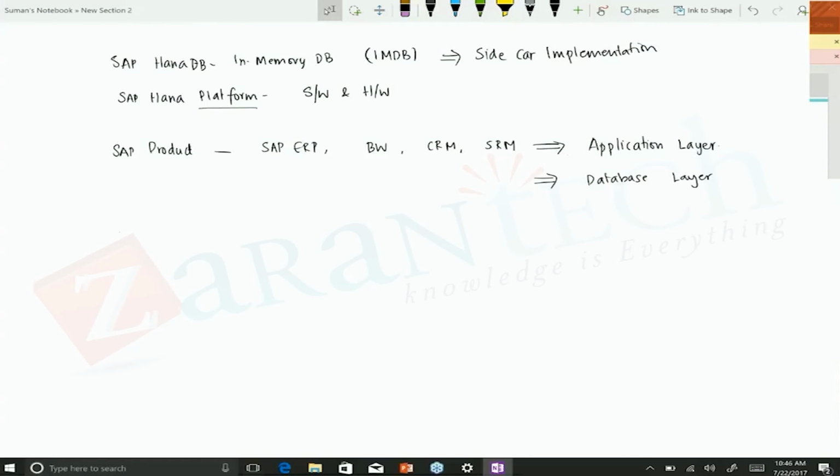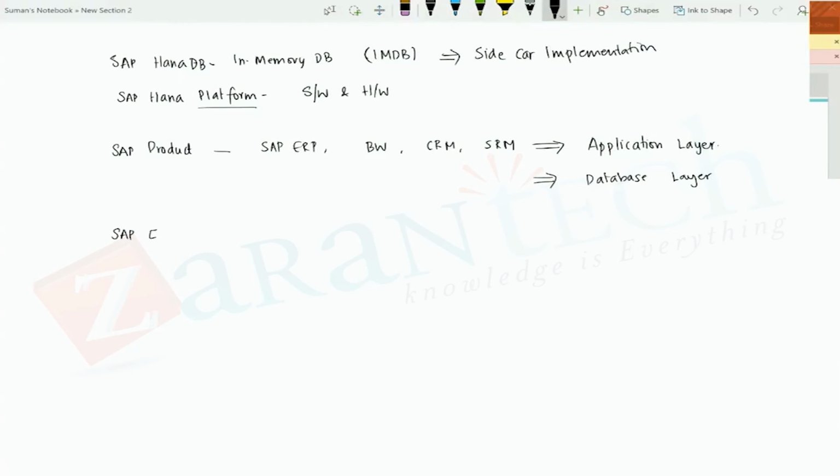When SAP first came up with the ERP product in the 1970s, the system was called SAP R1. What does that mean? R referred to real time, though they did not really understand the concept of real time at that point of time.